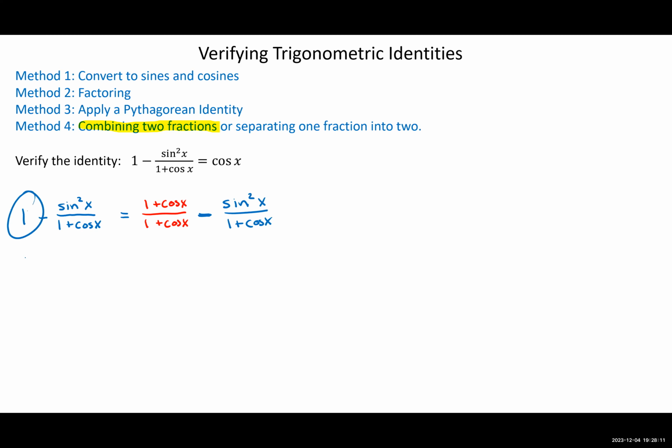Right, so I took 1 and wrote it as 1 plus cosine x over 1 plus cosine of x, so we get a common denominator. You could write the number 1 as anything over itself, except 0 over 0. Right, so now we've got this common denominator. So we could put those two fractions together.